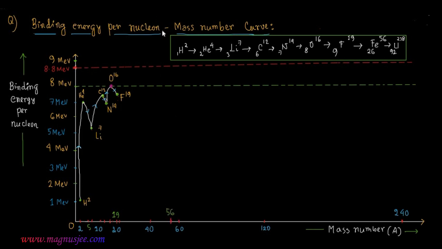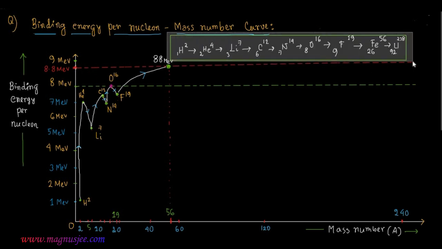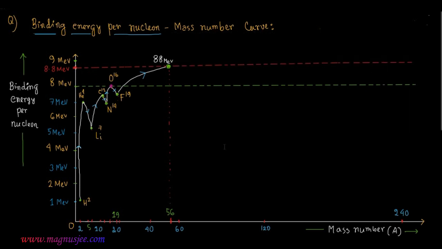Now we can denote an imaginary vertical line having mass number 56 to denote the position of the most stable element, that is iron 56. This point has the binding energy 8.8 mega electron volt, and we have drawn the binding energy graph from fluorine to iron 56.